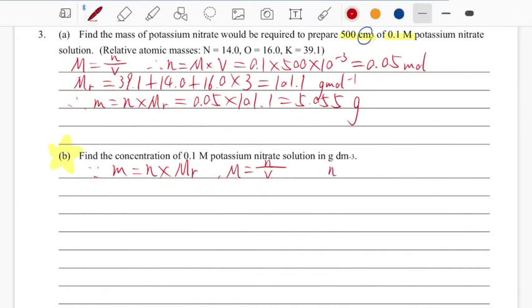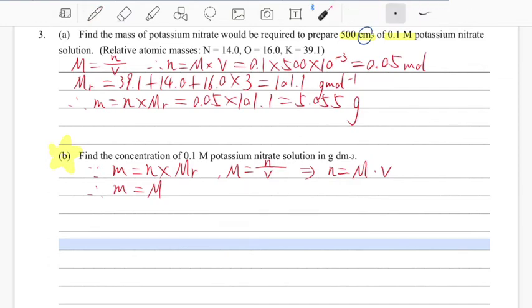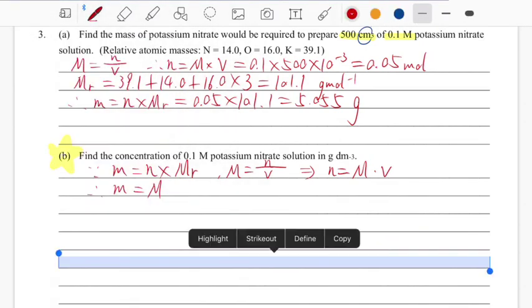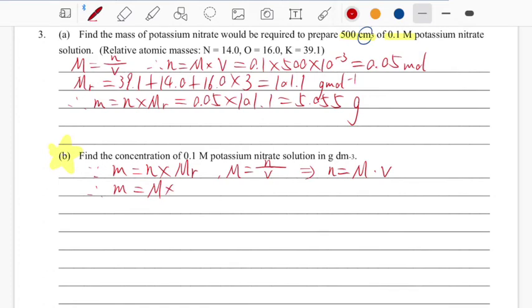Number of mole should equal molarity multiplied by the volume. Then we can substitute that into our first equation. That means mass should equal the molarity multiplied by the volume and then multiplied by molar mass.